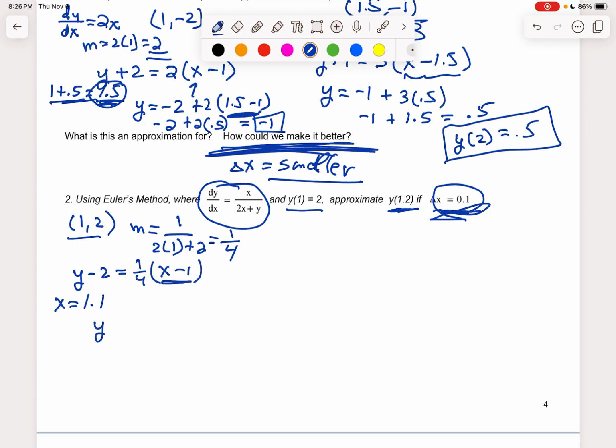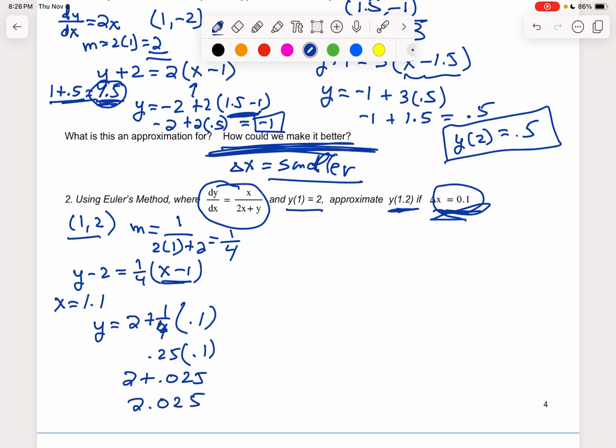So I would get y is equal to 2 plus a fourth times 0.1. Remember, this is really 0.25 times 0.1, so that's really 2 plus 0.025, or 2.025.